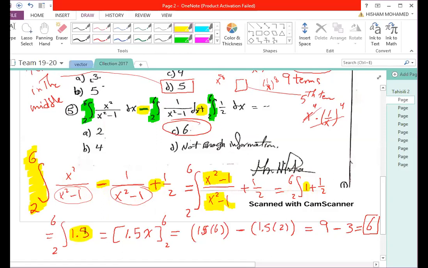The integration of any number is 1.5x, I add x to the number. Then the limits from 2 to 6. What does it mean? It means I'm going to plug in 6 and plug in 2 and find the difference between them.